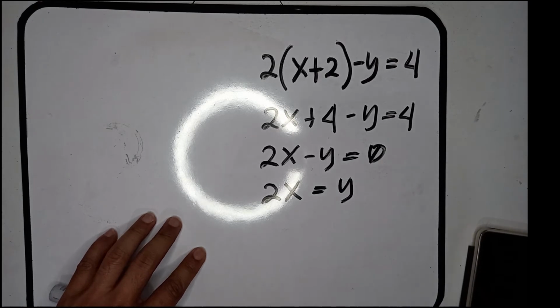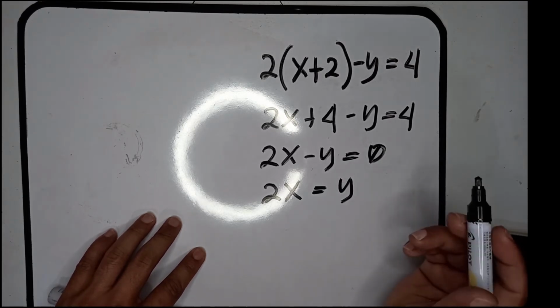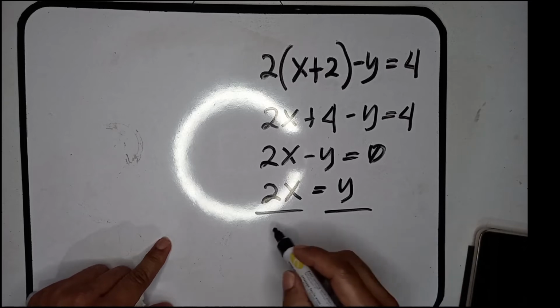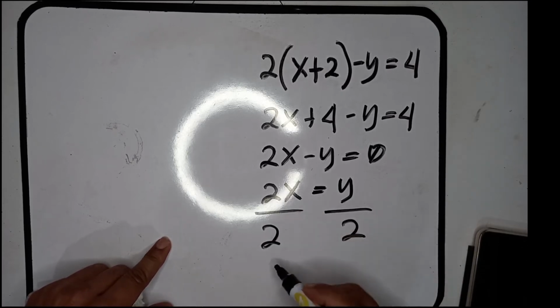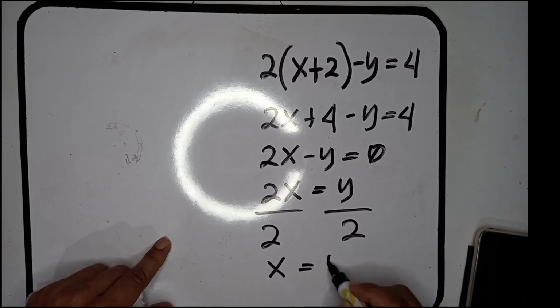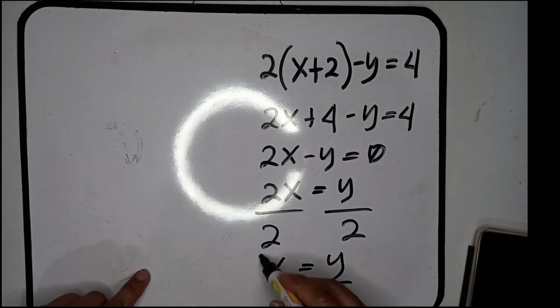Okay, there you go. And then we can divide by 2 here and 2 here, and then x is equal to y over 2. Okay, so this is our final answer.